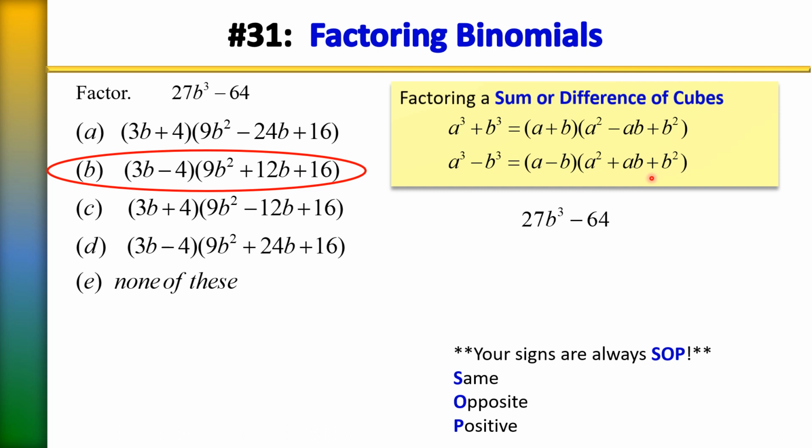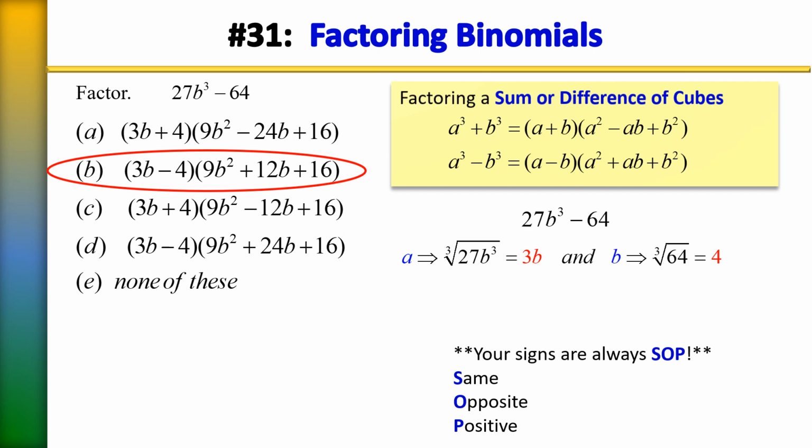So the next thing you need to do then is to simply find the cube root of these two terms. So the cube root of 27b to the third power is 3b, and that's what we're going to call a. The cube root of 64 is 4, and that's what we're going to call b.